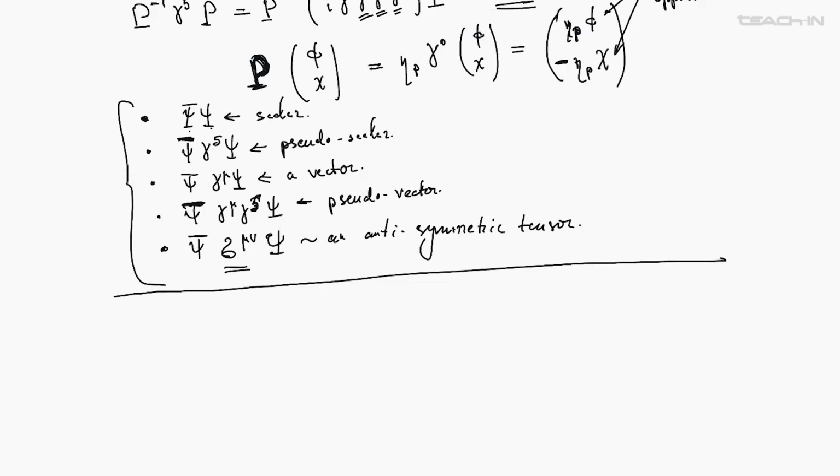In fact, it turns out that the representation of the proper orthochronous Lorentz group, which we are dealing with here, is also reducible.